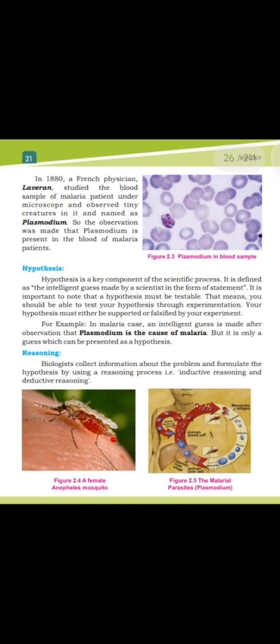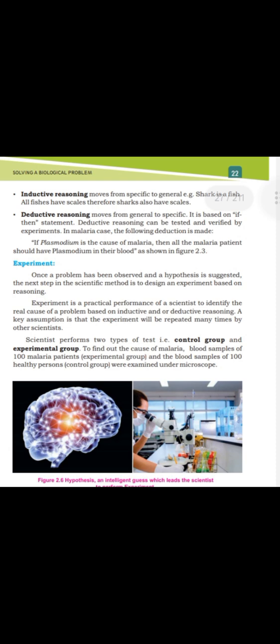There are two types of reasoning: inductive reasoning and deductive reasoning. Inductive reasoning moves from specific to general. For example, shark is a fish. All fishes have scales, therefore sharks also have scales. So it is the simplification.